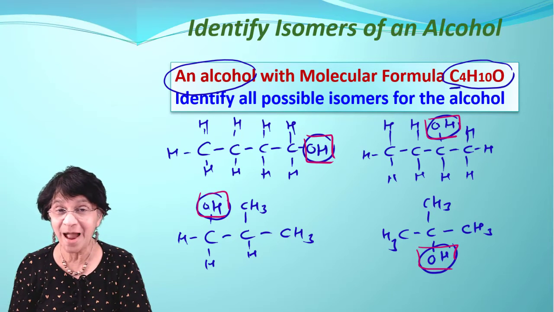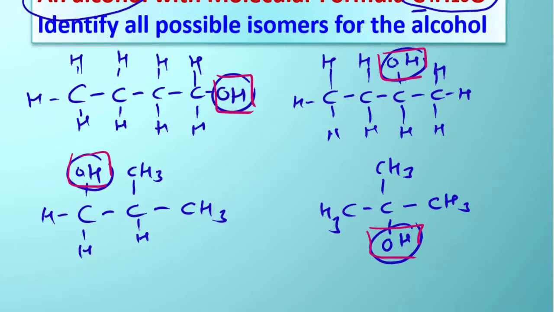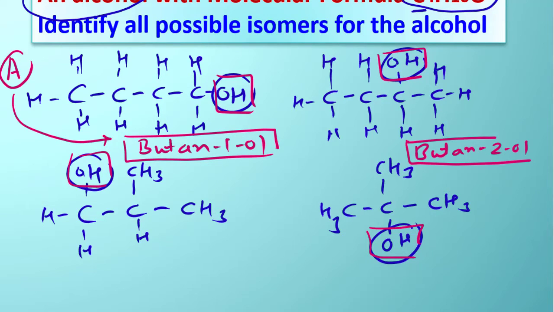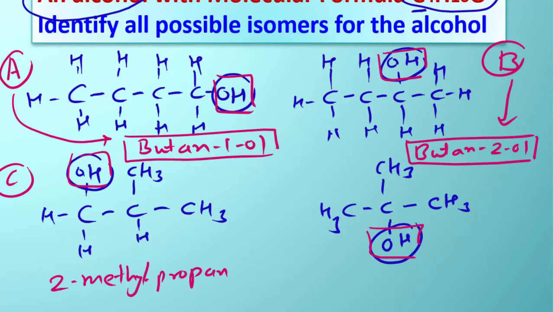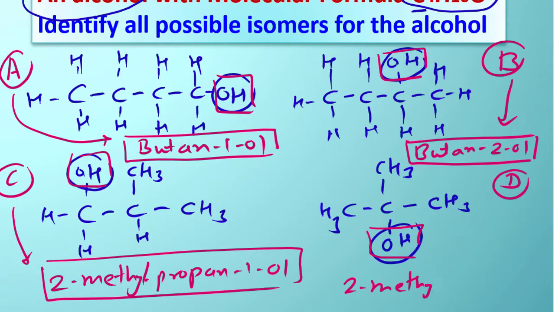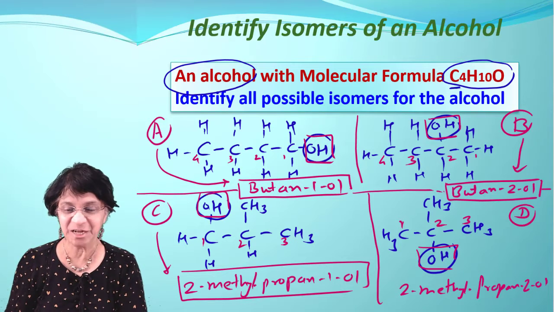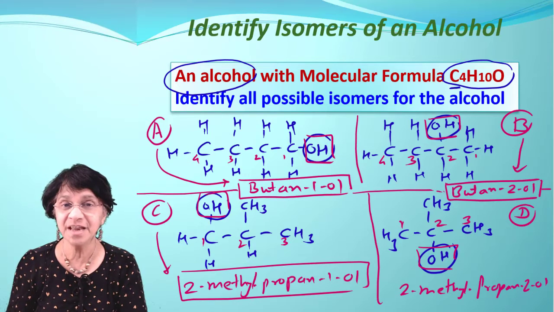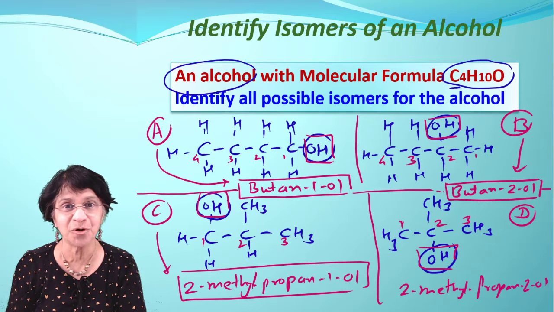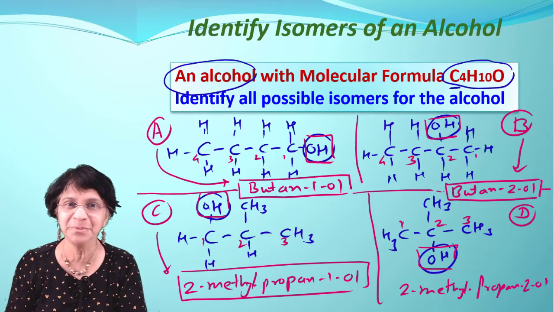Now, can you actually label each of the alcohols? Let's try it. Alright, there we go. So we got all the IUPAC names for the isomers of our butanol.